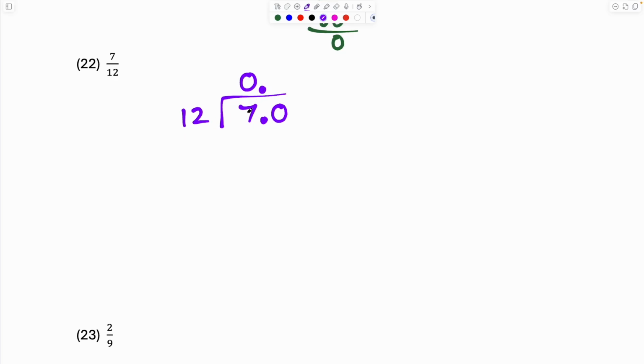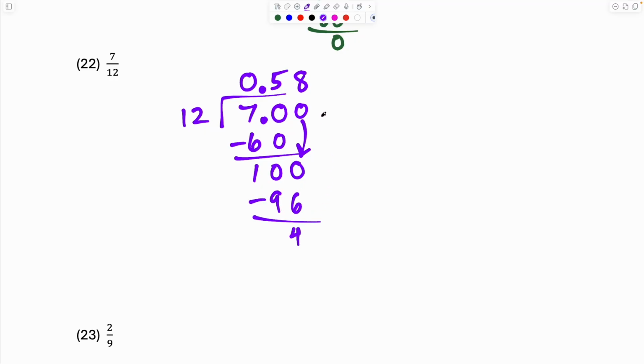So here, 70 divided by 12, we could get as close as times 5. Okay, so 5 times 12 is 60. So we subtract 60, remainder 10, put an extra 0, and then bring it down. And for this one, we could get as close as 12 times 8. Okay, 12 times 8 is 96. We subtract, and we have a remainder of 4.